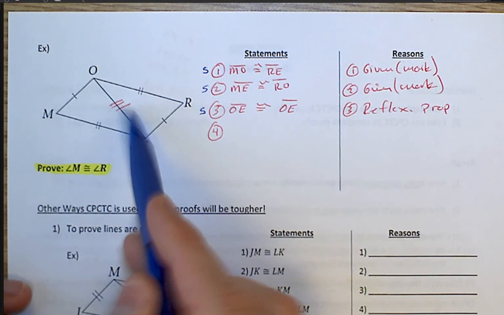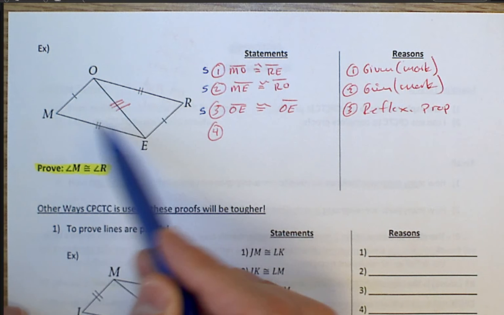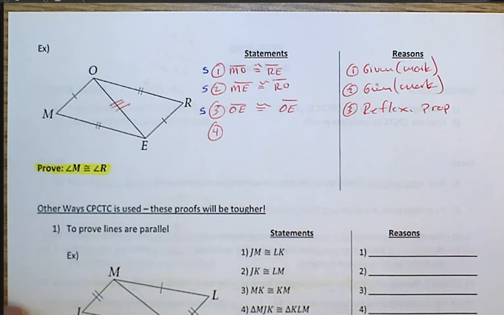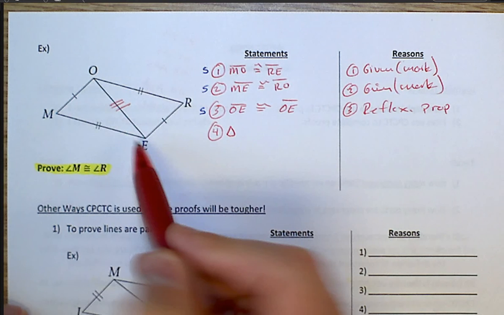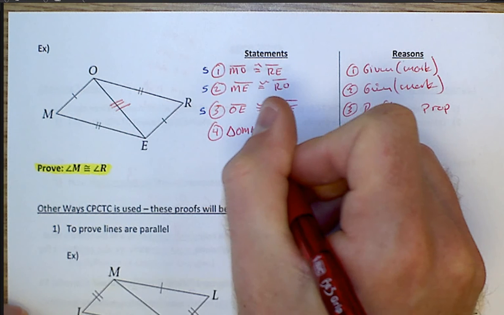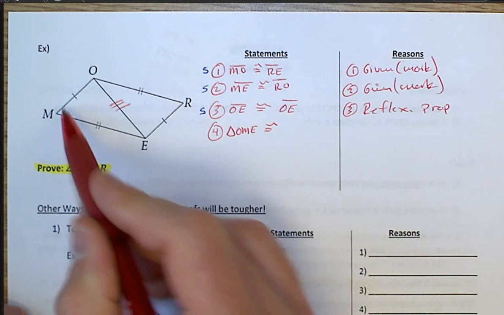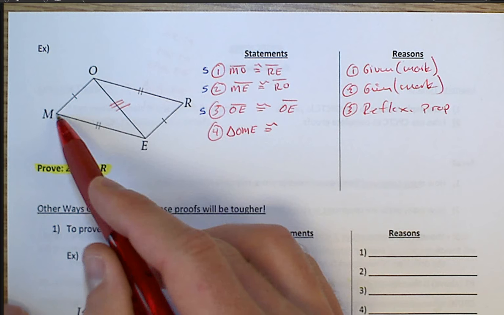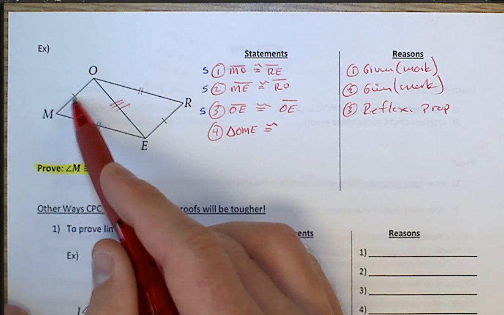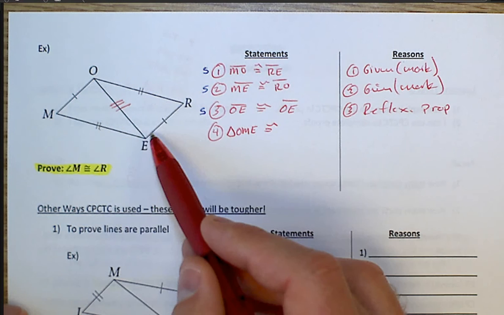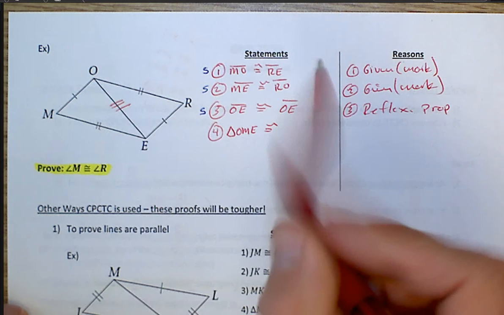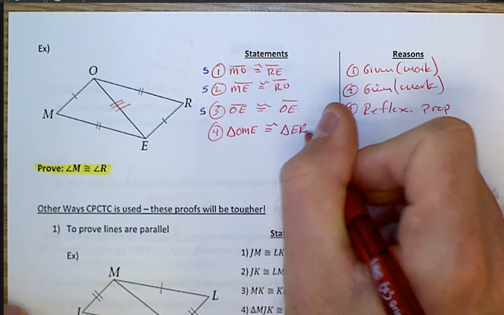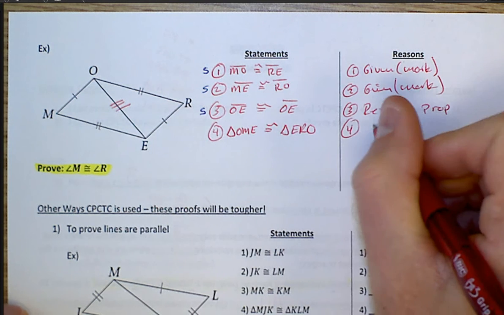Remember, you should always be drawing the diagram and always marking your picture. So I have triangle, I'll call it whatever I want to call it, OME. OME is congruent to, if I said OME, I have to go, let's see, O, M, and E, so I got to go over the tick mark and then over the second tick mark, so I got to go ERO, and that is side, side, side.